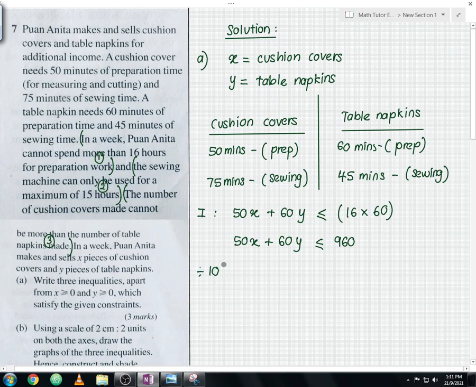So from here, you get your first constraint: 5x plus 6y less than or equal to 96. So this constraint is for the preparation. Let me write here preparation.